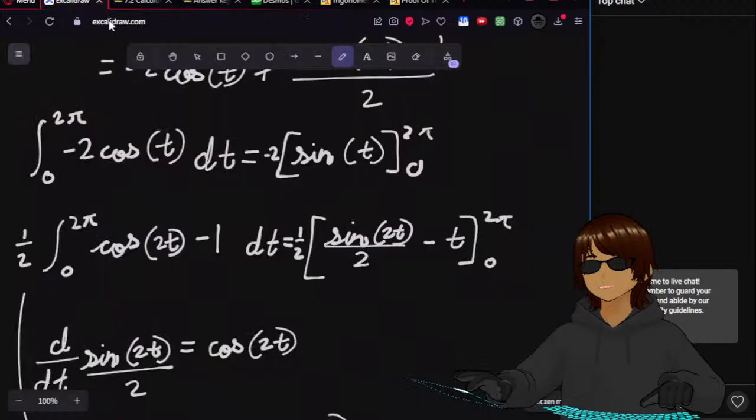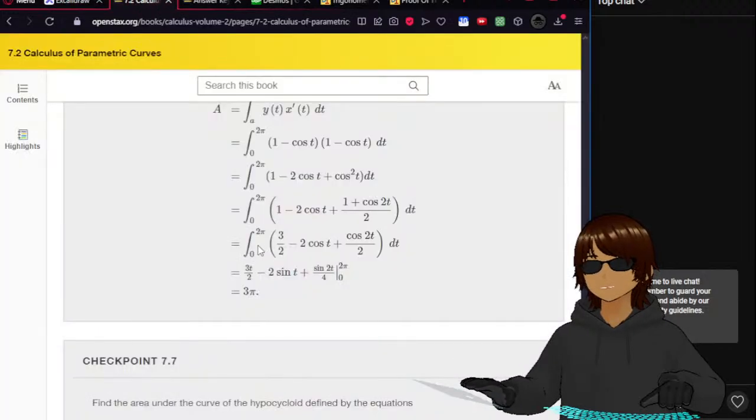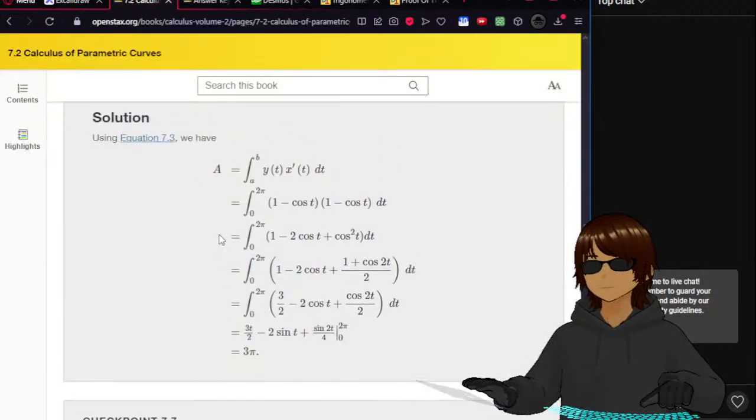It's 3t over here, but minus just minus t.